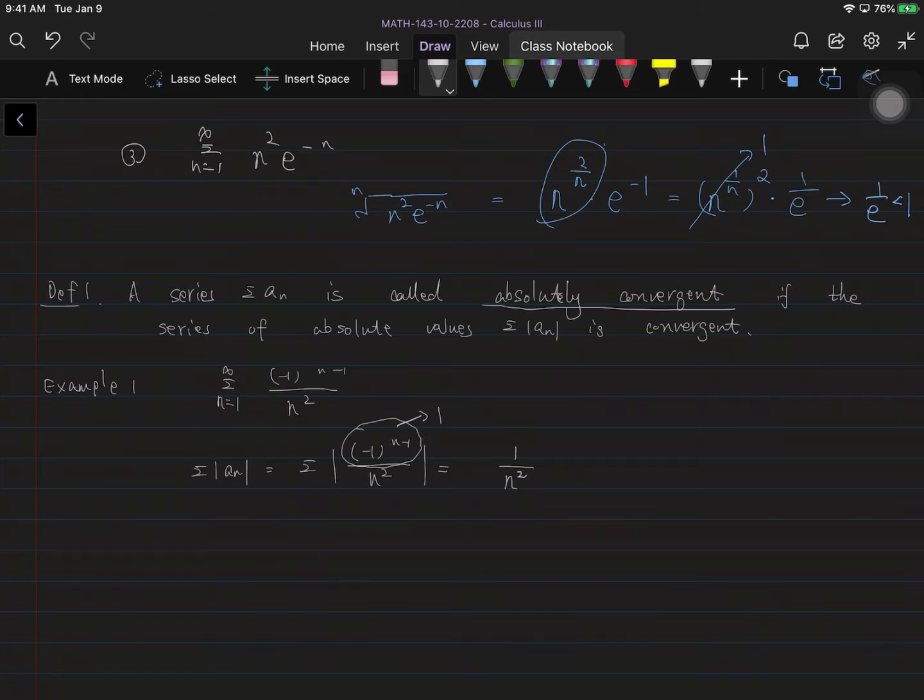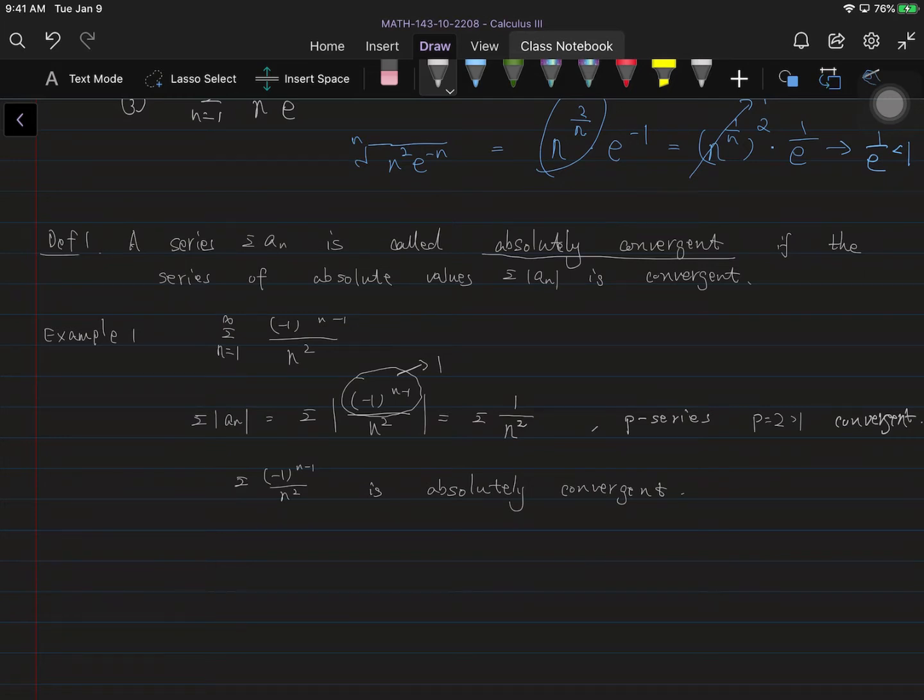Now this is the series when we take the absolute value, and we notice this is a p series with p equals 2, and the series is convergent. So our original series, the alternating one, is absolutely convergent.